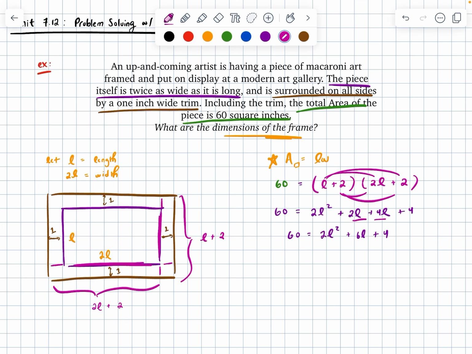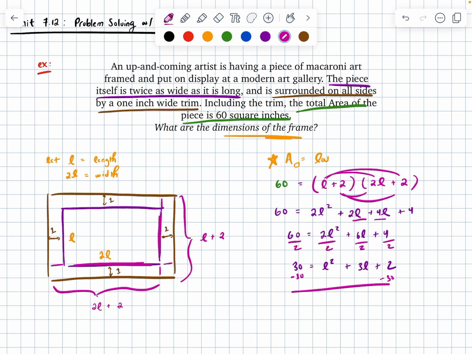Okay, well, you don't have to do this step, but notice that all of these numbers are even, which means I could take my entire equation. Remember, I can do anything that I want as long as I do it to both sides. Let me make my life easier by dividing the entire equation by 2.